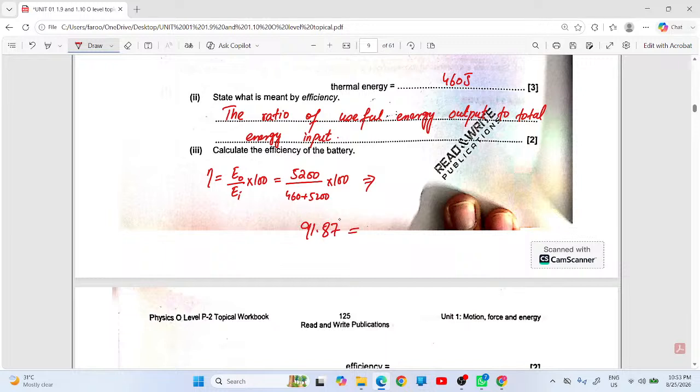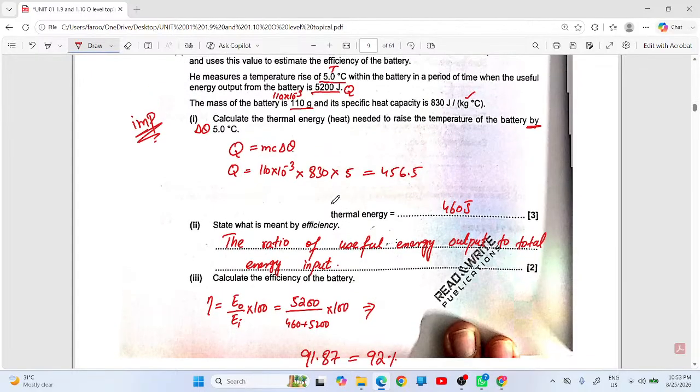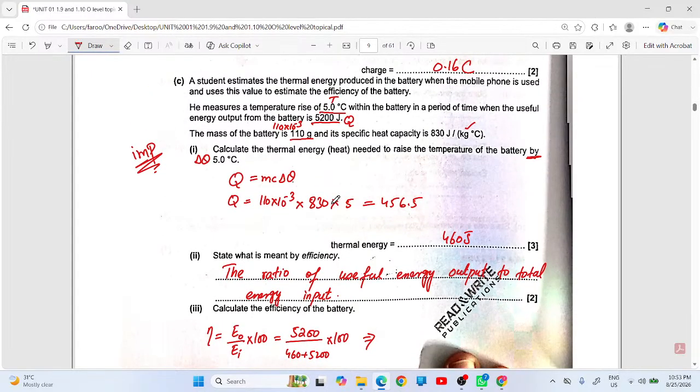91.87, about 92%. अब चेक करें why we add 460 plus 5200. सर ये आपको पता है सर. ये देखें ना यहाँ पे क्या लिखा है. Thermal energy is provided.